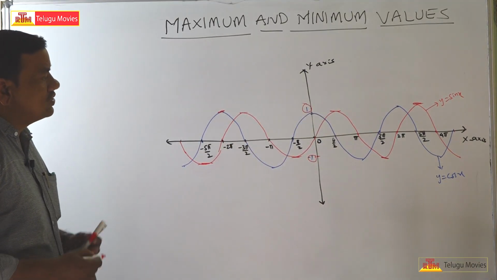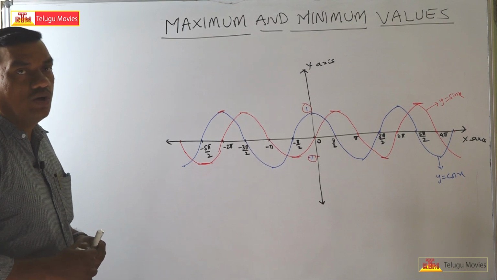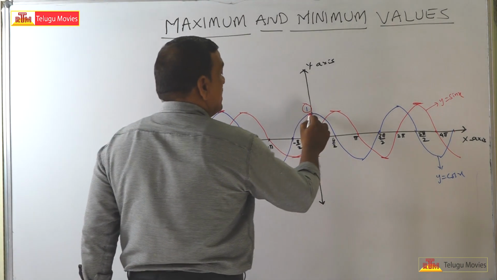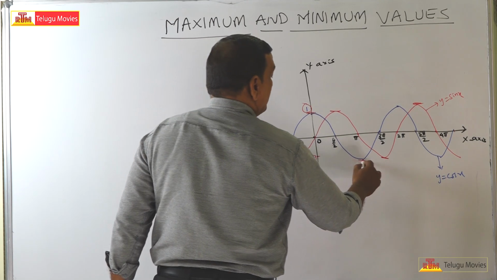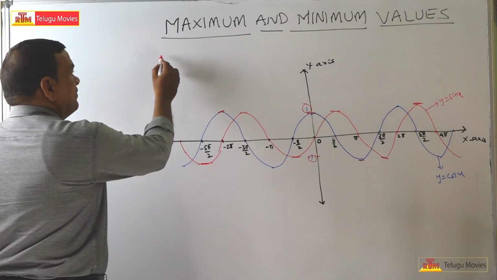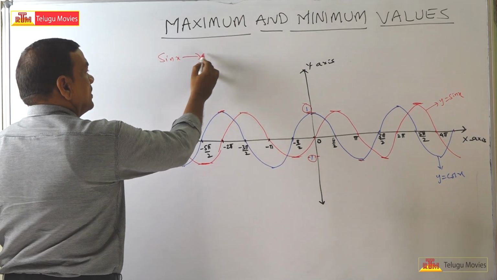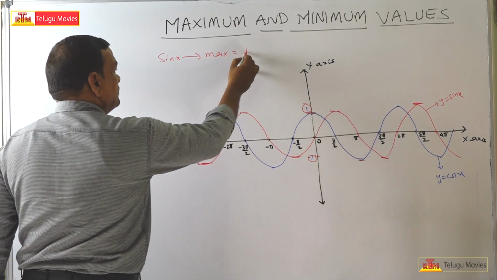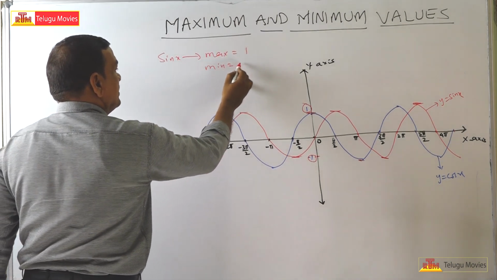Same as the cos x graph, it is also attaining maximum value 1 and minimum value minus 1. That means for the sin x graph, the maximum value is 1 and the minimum value is minus 1.